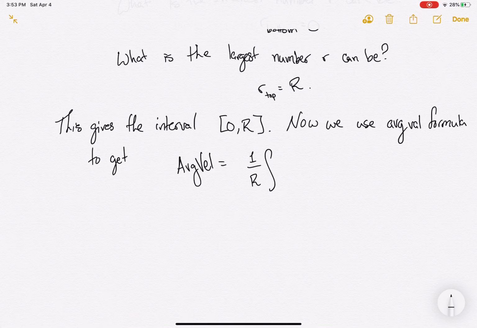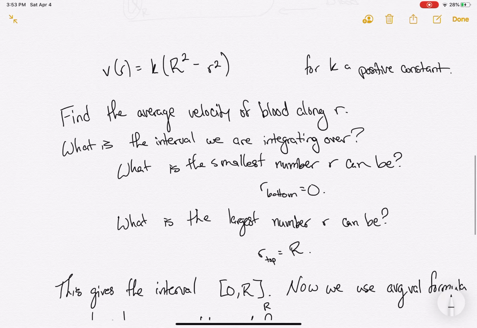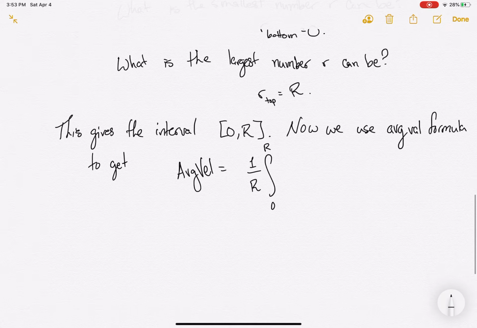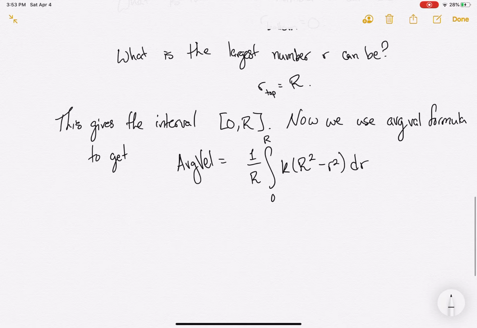That's 1 divided by the length of the interval. Integral is 0 to R, that's integral over our interval. And then our function is given right there, k times capital R squared minus little r squared, d little r, because the variable is little r.